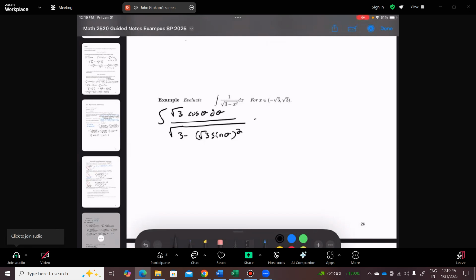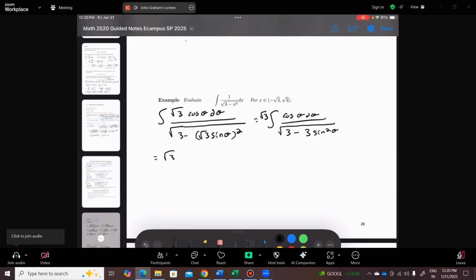All right, so we'll simplify this. We'll start with the inside by squaring that. I'm going to bring the square root of 3 out front. Keep forgetting my theta with the top. Theta d theta. Square root of 3 minus 3 sine squared theta.